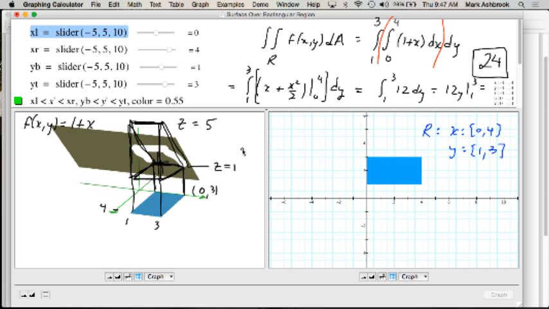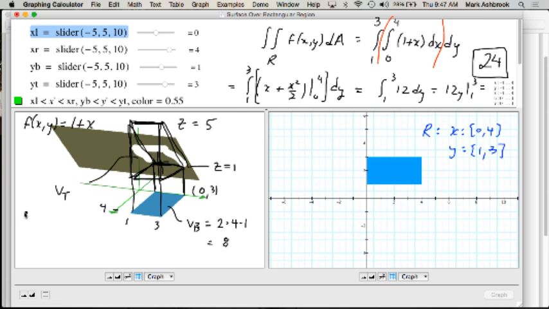So we could do volume bottom and volume top. The volume of the bottom block is going to be length times width times height. Length is 2, width is 4, height is 1, right? So 2 by 4 by 1. Everyone see that?